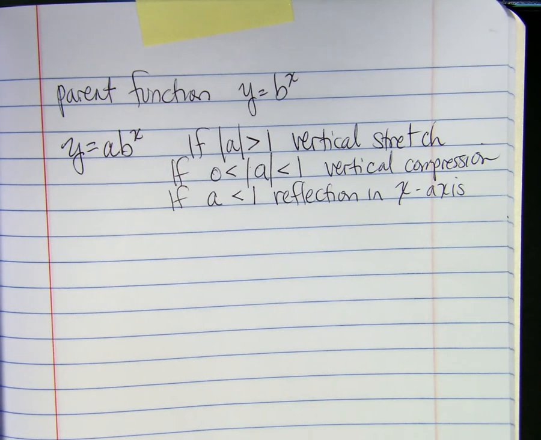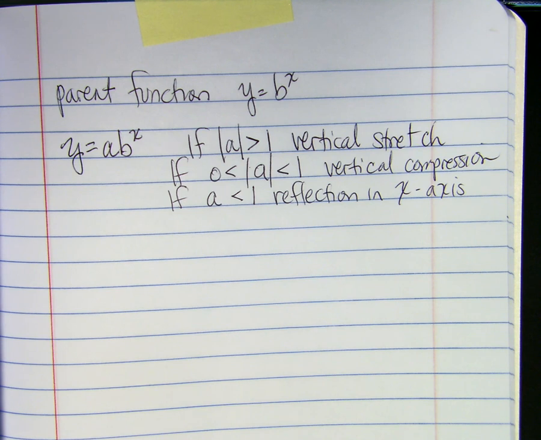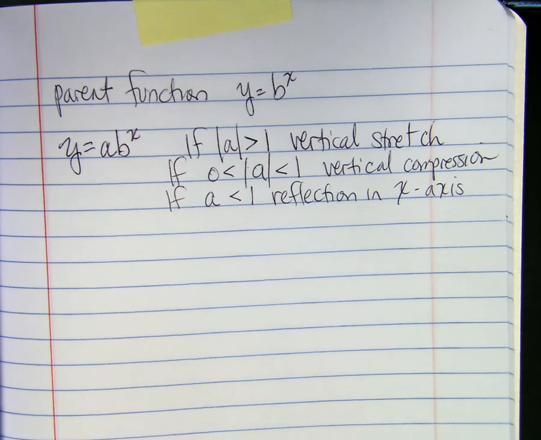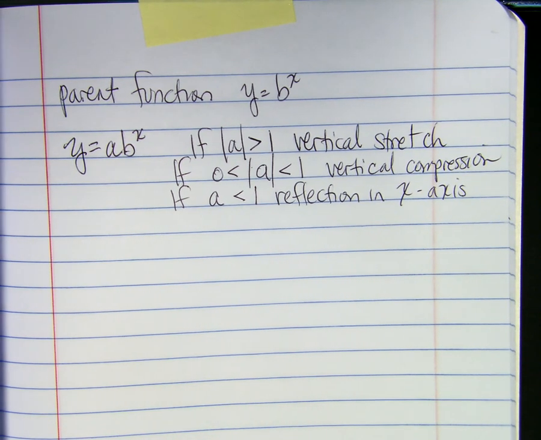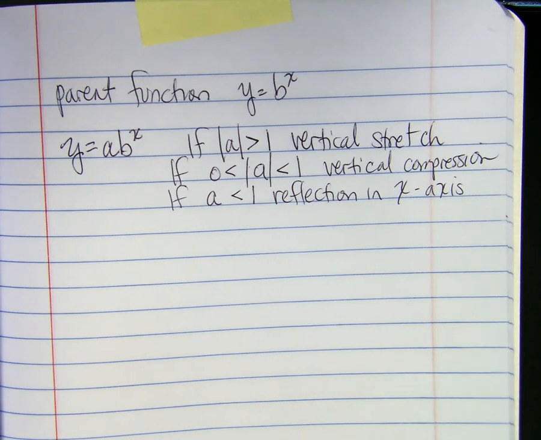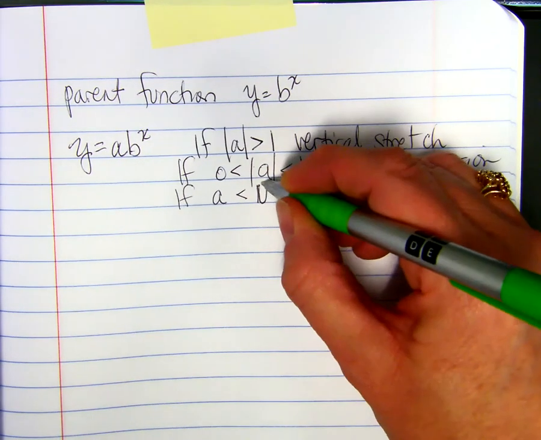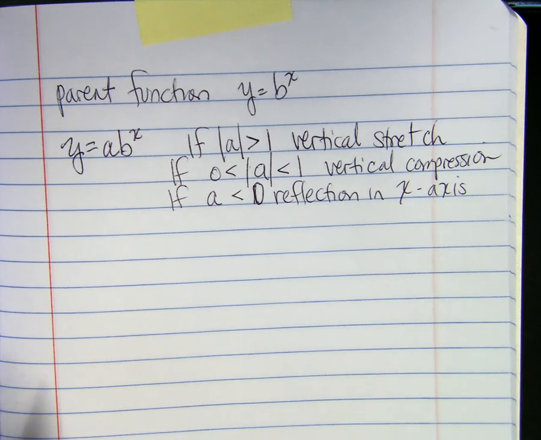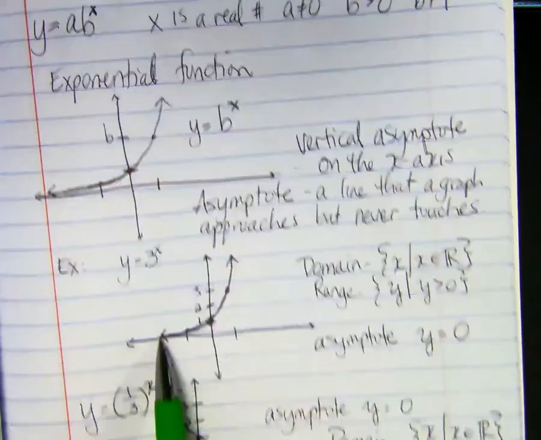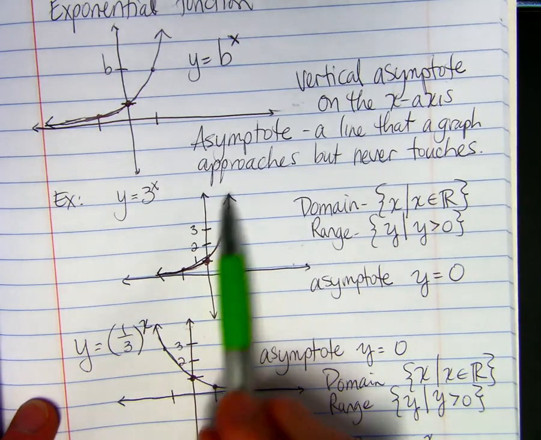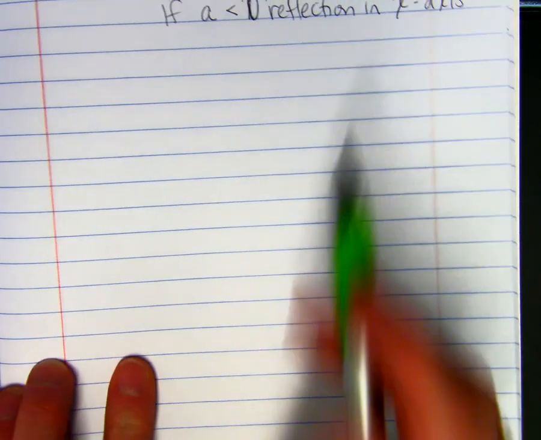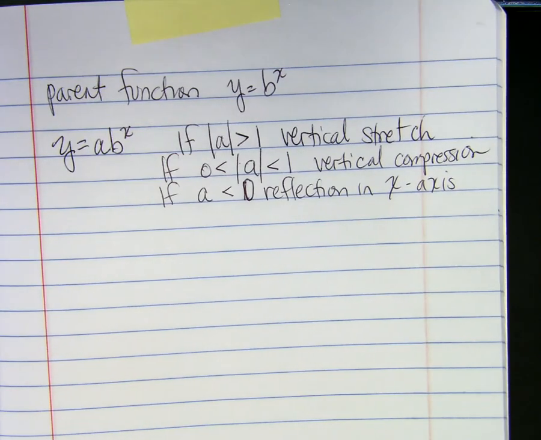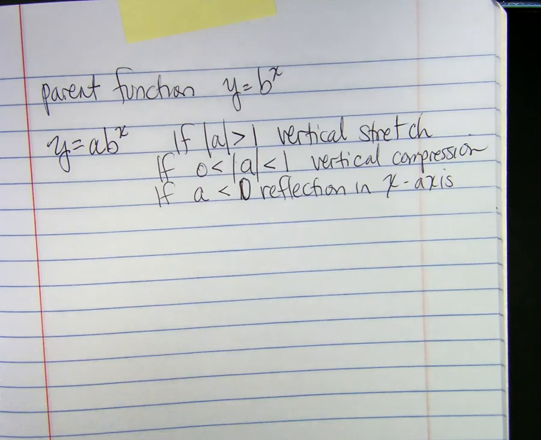Wait a minute, that's bothering me. So it's if x is less than 0, so I wrote that wrong, because if it's a fraction, it's going to be a reflection in the y-axis. Like we did over here, we did the fraction, and that's a reflection in the y-axis. So if it's negative, that's when it flips down underneath the x-axis.